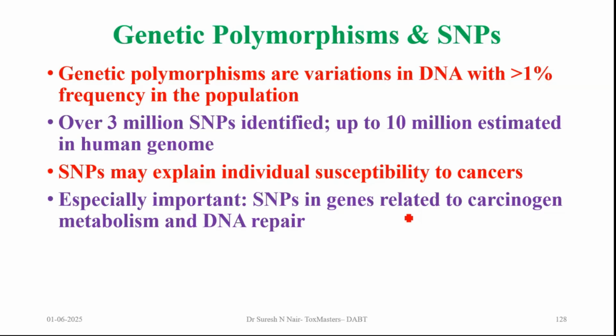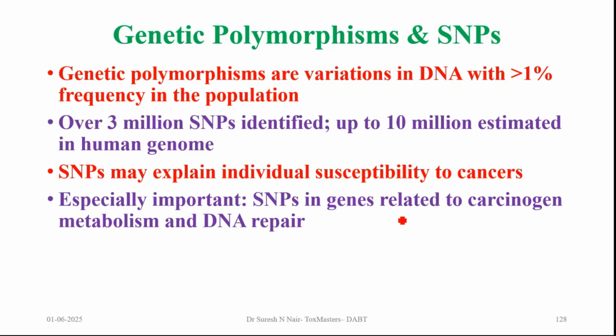Only one nucleotide, maybe of an essential gene, which may or may not affect the activity of that particular enzyme. Unfortunately, in some persons, very rarely, they will become more sensitive because the enzyme will not be optimally functioning. The drug metabolizing enzyme or the carcinogen xenobiotic metabolizing enzyme may not be properly functioning.